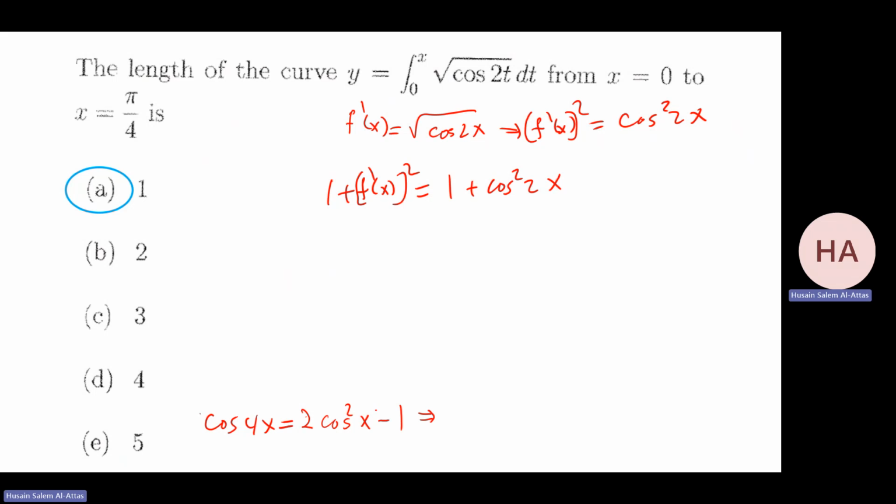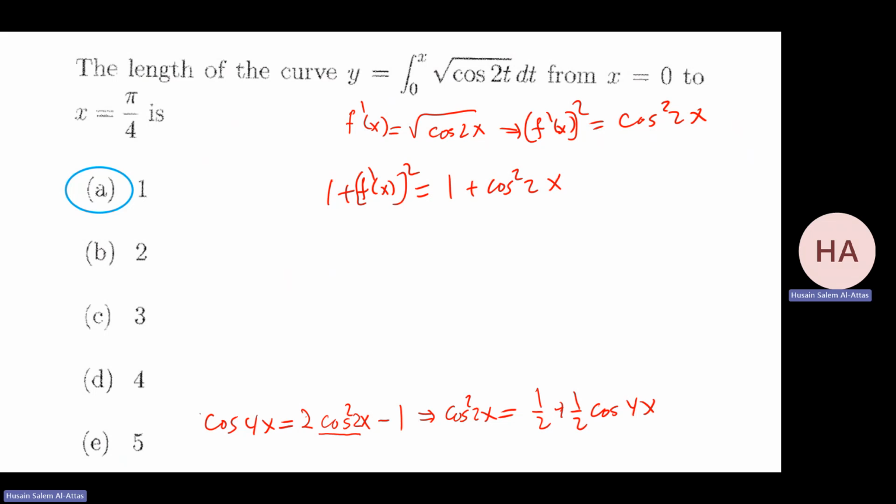So this cosine square 2x. So cosine square 2x will be what? Because I need this under the square root. Cosine square 2x will be half plus half cosine 4x.